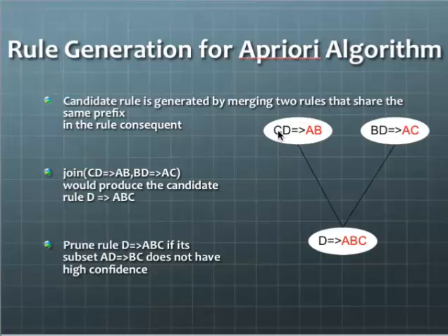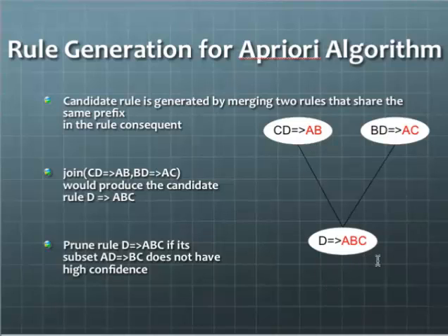The steps of rule generation in the Apriori algorithm are like this. First, generate candidate rules by merging two rules that share the same prefix in the rule consequent. For example, for the two rules CD to AB and BD to AC, the merged candidate rule is D to ABC.